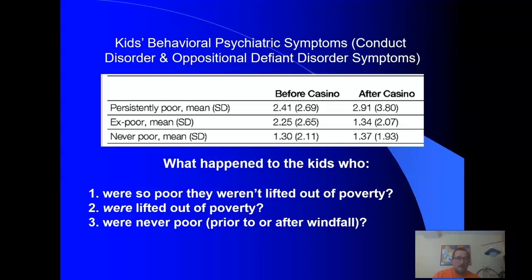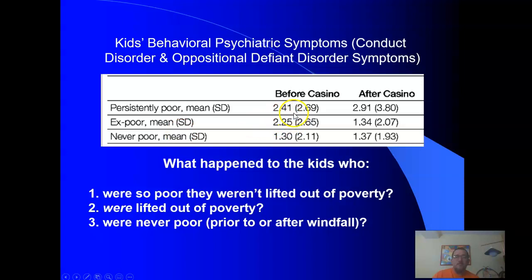But there was one group of kids, the kids who were sort of on the cusp of poverty, who benefited enormously from this manipulation, this windfall, and that was the kids who had been poor prior to the windfall, but were no longer poor after the windfall. And you can see that in this group of kids, they were doing quite badly initially.